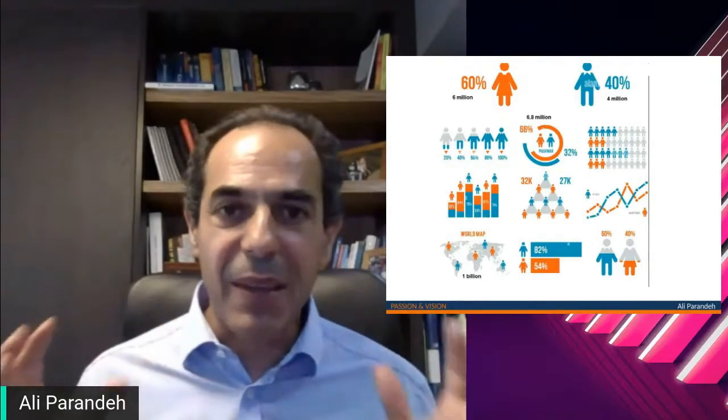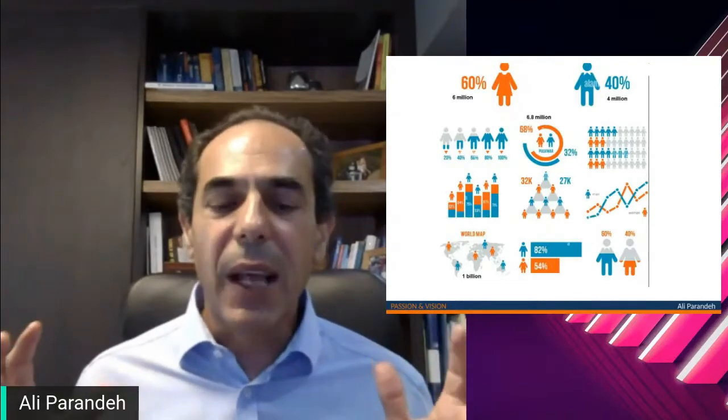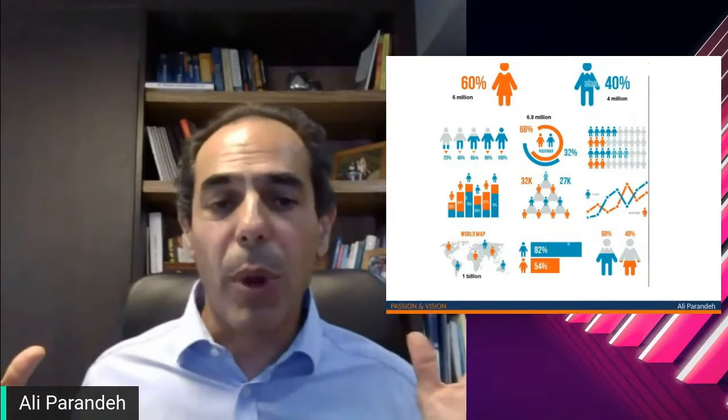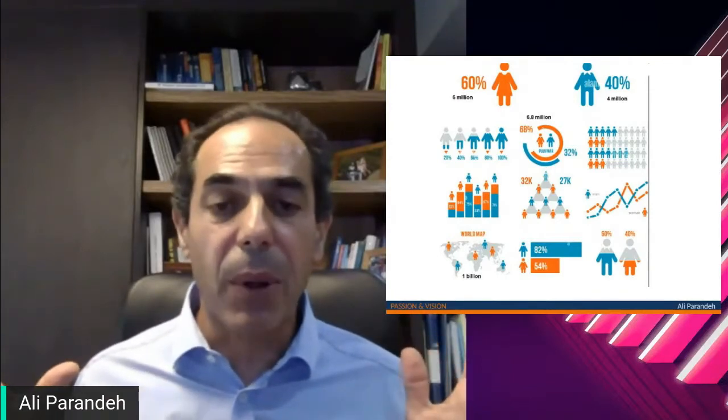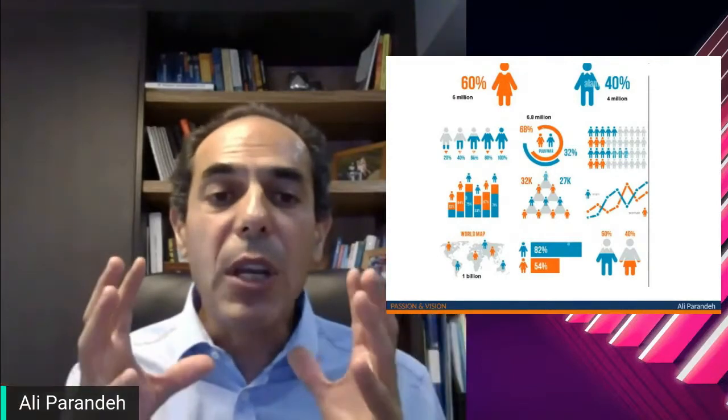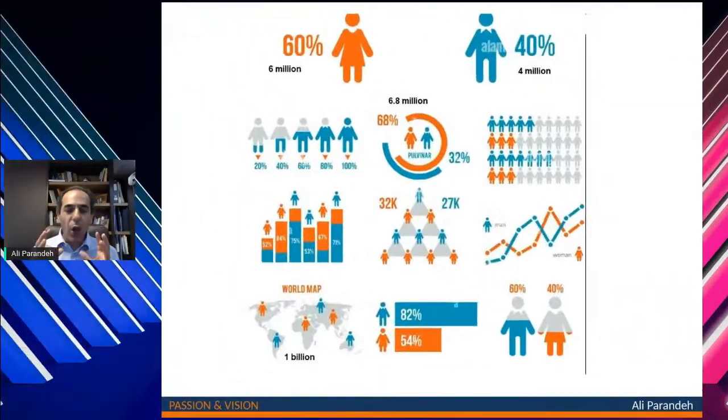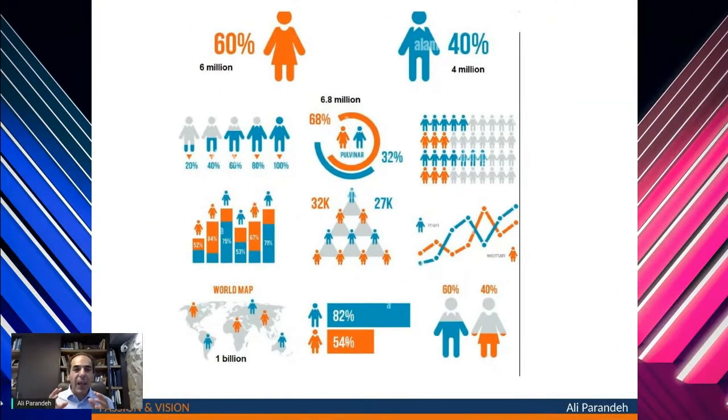Forget the SAM. Tell me, in the whole world population, if there are 7 billion people, that only 1 billion people will ever buy your product. And from that 1 billion people, only 6 million people are really an addressable client because they are the only ones you can sell to.